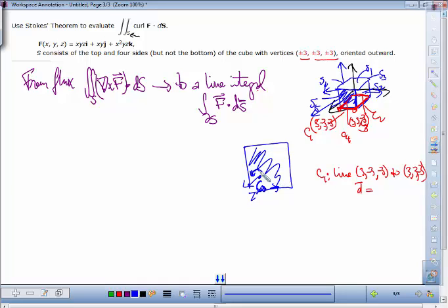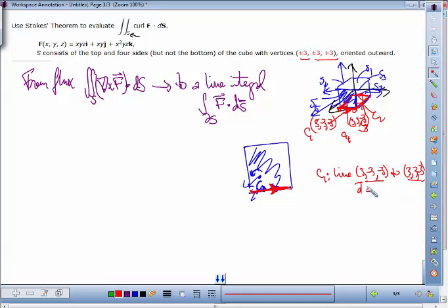It looks like it's going to move the boundary in this direction. And if you follow the rest of them, you'll see from the top view, it's going in the counterclockwise direction, which means going from (3, -3, -3) to the point (3, 3, -3) is the correct direction.